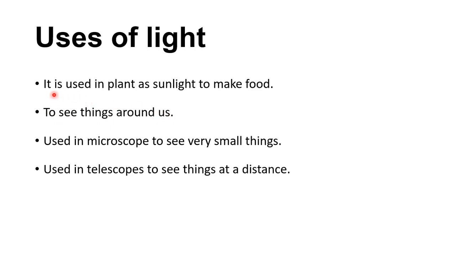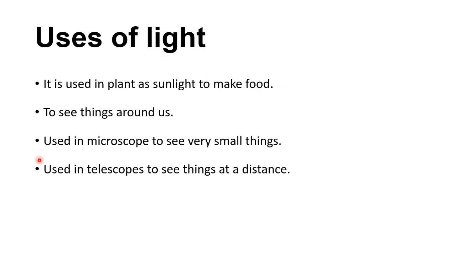Plants also need light as sunlight to make food. Plants don't use already made food, but they use food which they make on their own. So for them to make this kind of food, they need sunlight.